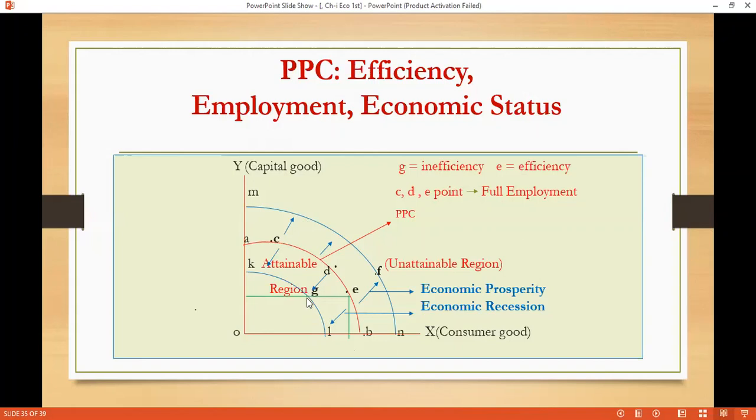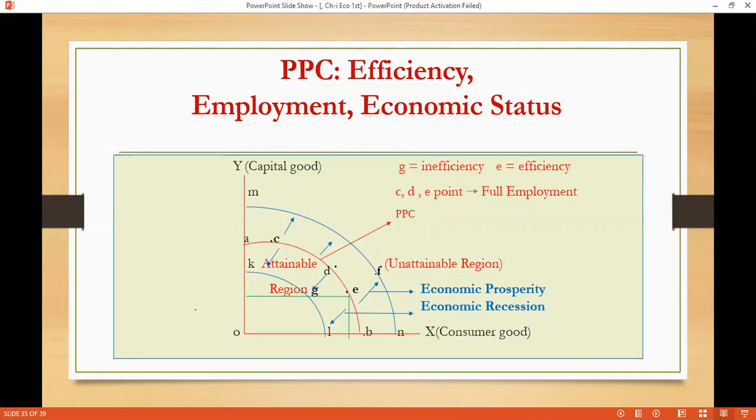But with the current level of resource and technology, the country can produce this amount of Y product and this amount of X product. So here there is less production. That means all resources and technology have not been utilized, so a point inside the PPC curve shows an inefficient point and also unemployment of resources.